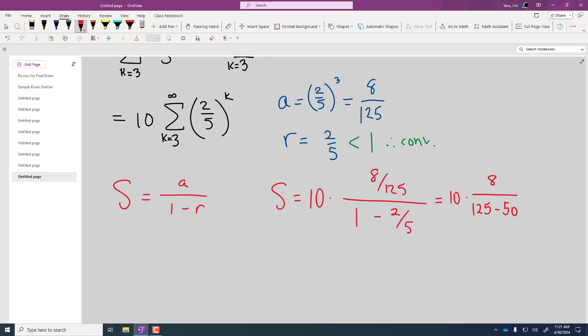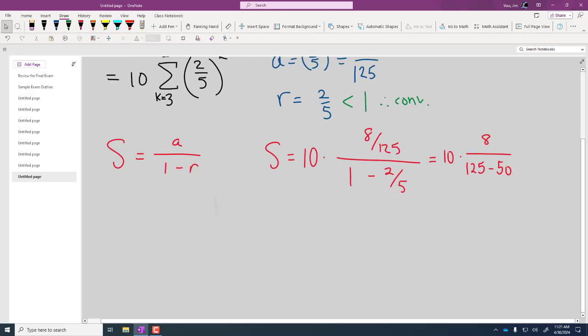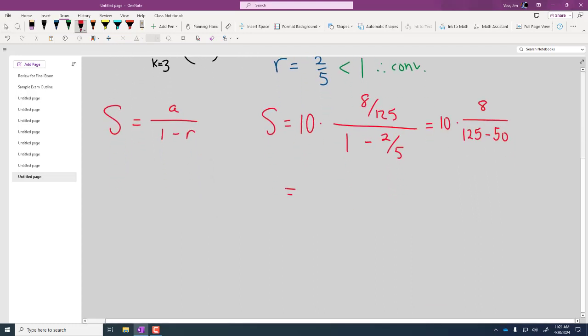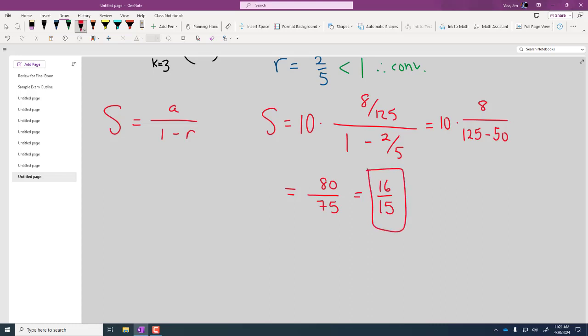So when all is said and done, we're going to get 80 over 75. Divide out the 5, that's 16 over 15 or something. So that'll be the sum of the series.